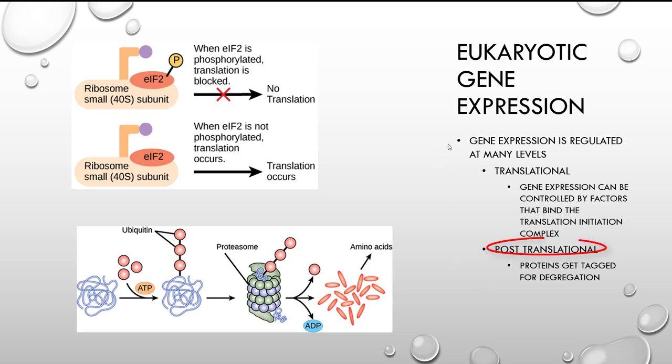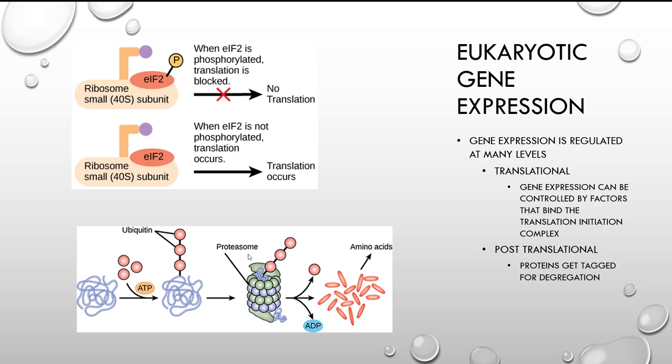And then finally, gene expression could be controlled at the post-translational level. Let's say our polypeptide chain has been created. We're all ready to go. It's starting to fold and everything. But then the proteins could get tagged for degradation right off the bat. We could end up with a protein marker added onto that particular protein that was just created, and that marker basically says, set it to get destroyed.